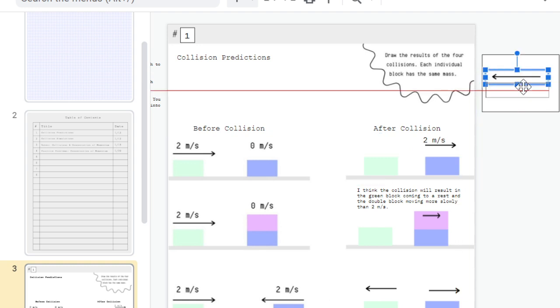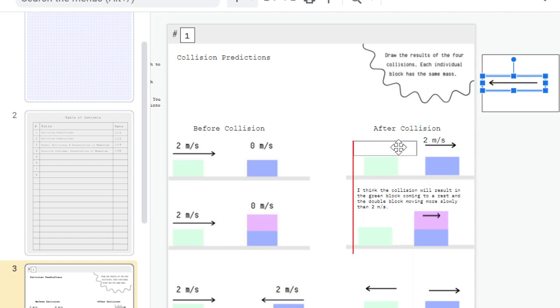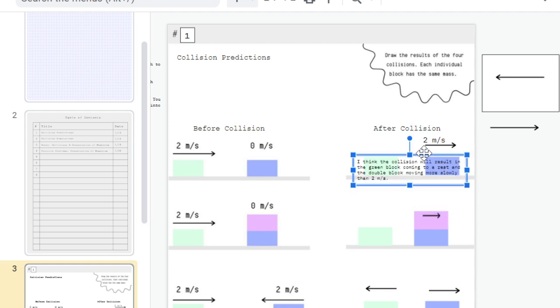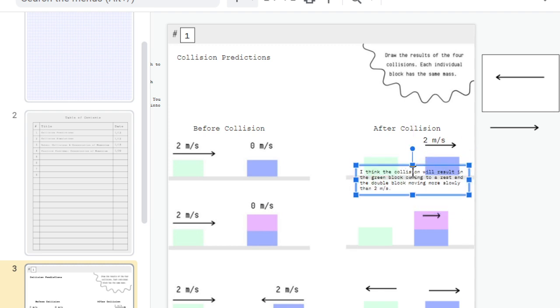If this was a brand new slide, you would see some arrows over here that you can click and drag. You can also Control-C, Control-V to paste arrows, and you can turn them around. You could use that to help express what you think would happen. If you don't like the idea of using arrows, you can always just use a text box.